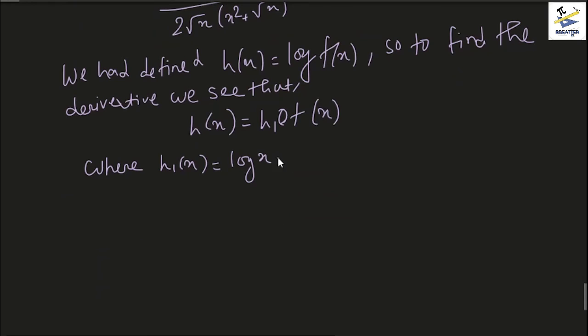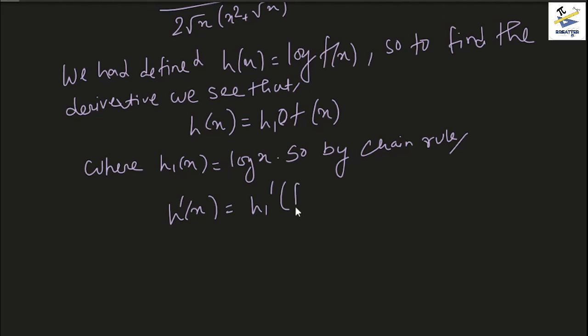So by chain rule, h prime of x equals to h1 prime of fx into f prime of x, right?